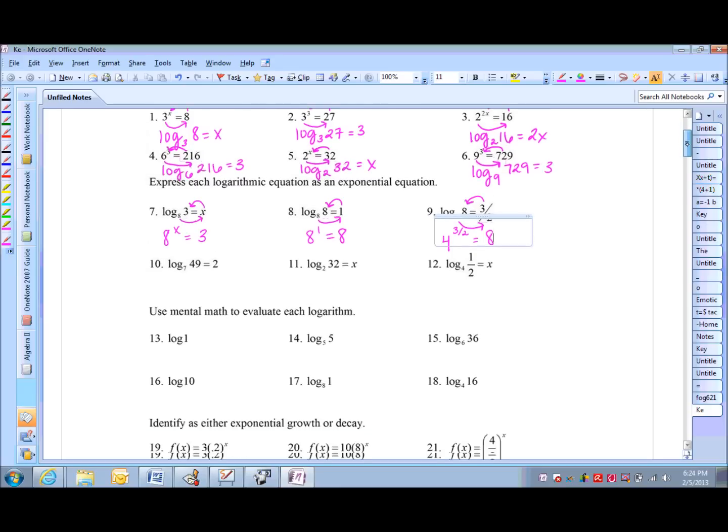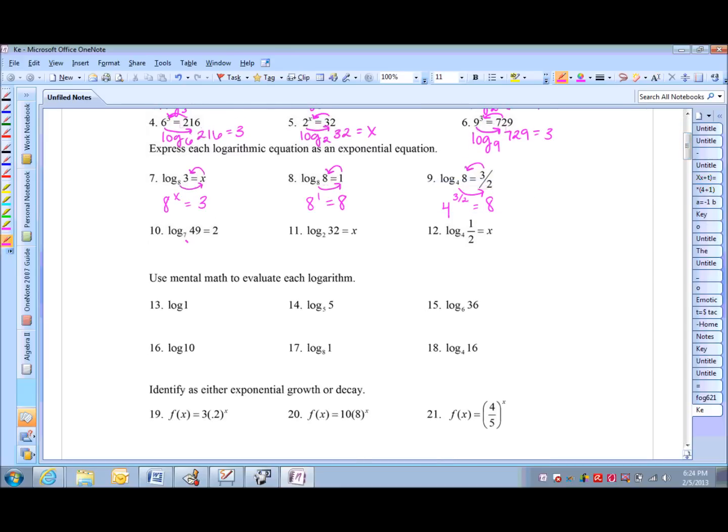Okay, in problem 10, we start off with our base of 7, pick up the exponent of 2, and then go over to the 49. And so we write it as 7 squared equals 49. Okay, in problem 11, we start off with the base of 2, pick up the x, and go to 32.